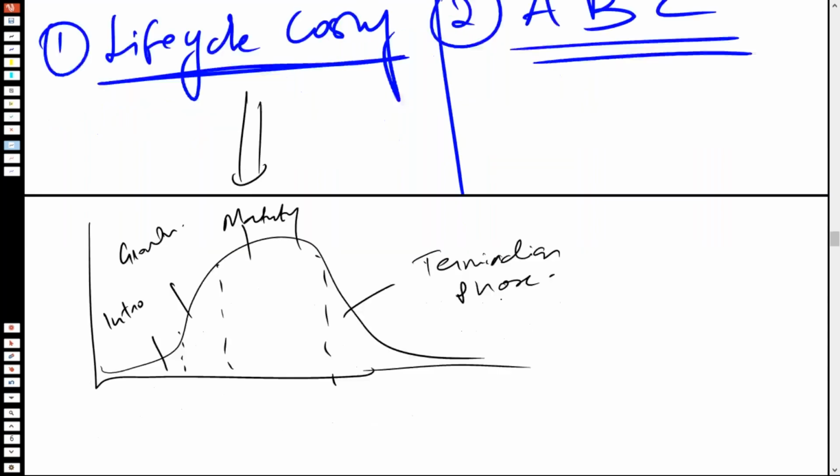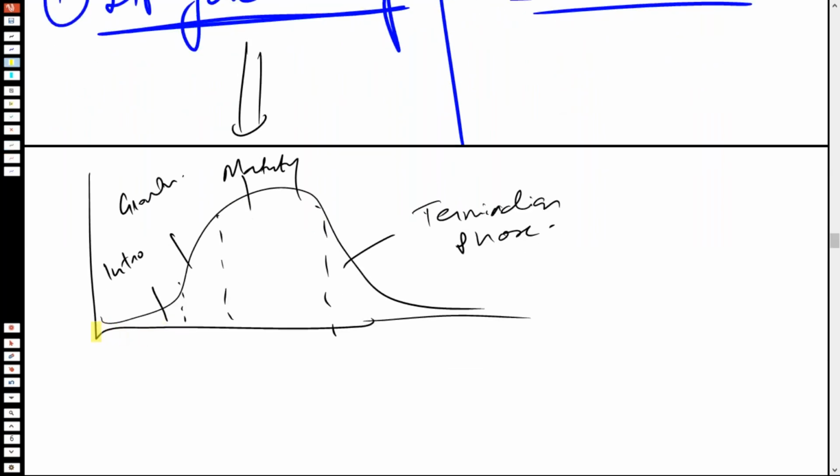Now see, generally speaking, there are a lot of costs that are incurred from here till here. So what you do is that you consider all of these costs as a life cycle cost.